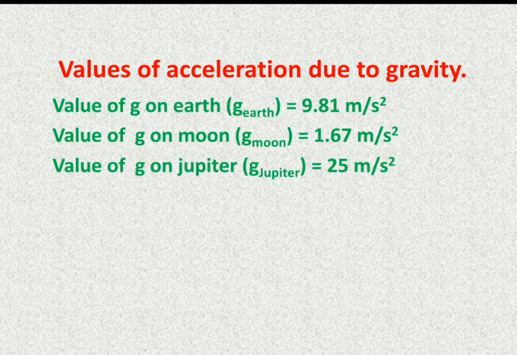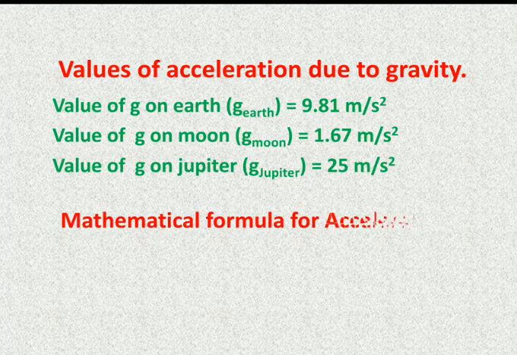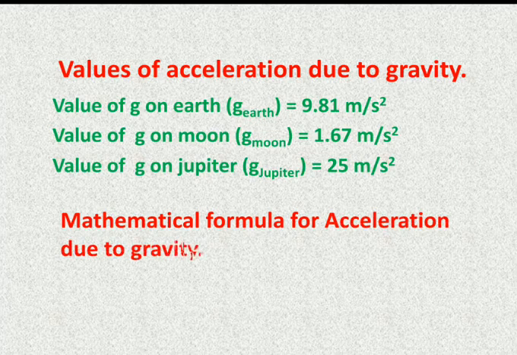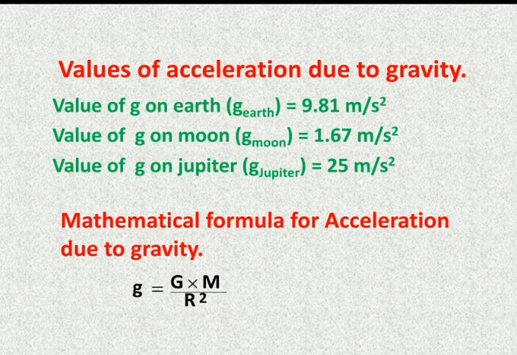Value of g on Jupiter equals 25 meter per second square. Mathematical formula for acceleration due to gravity: small g equals capital G into capital M upon R square.